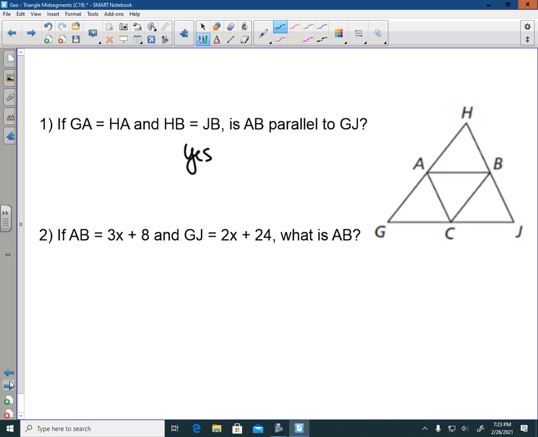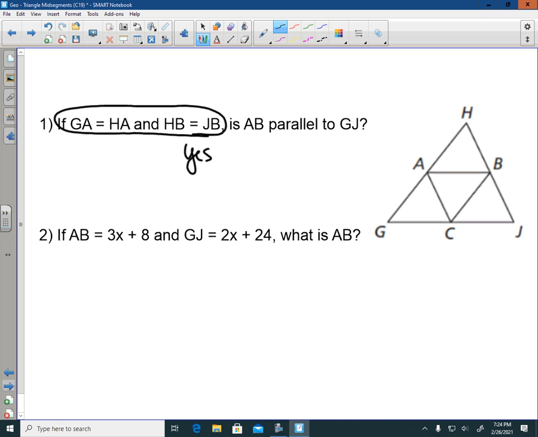All right, so let's take a peek at this one. If AB equals 3x plus 8 and GJ equals 2x plus 24, what is AB? Okay, well, let's start labeling this figure. We're assuming that this relationship is still true. So let's mark it.